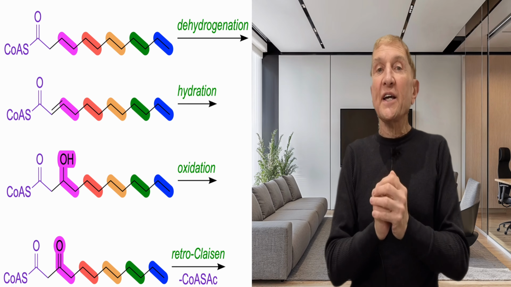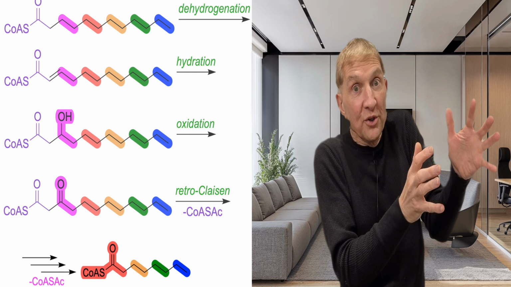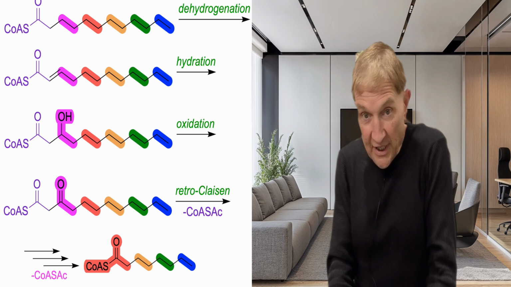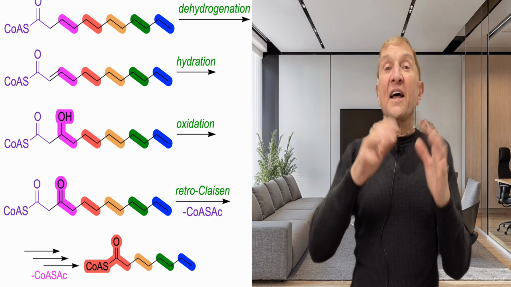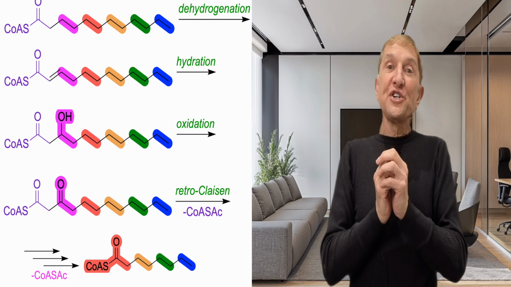That 1,3-dicarbonyl undergoes a retro-Claisen, gives us a molecule of acetyl-CoA to feed into the Krebs cycle, and a fatty acid ester of CoA is regenerated.